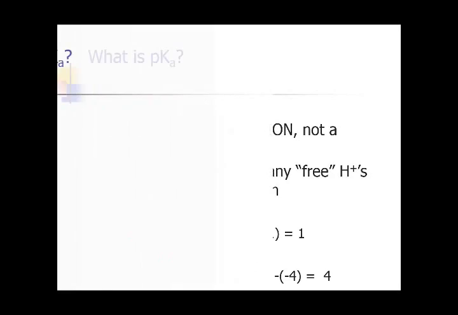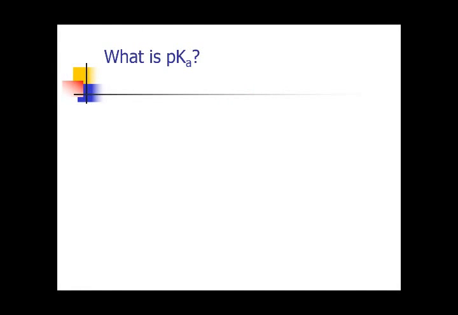What is pKa, however? Well, if you look at it simply, pKa is equal to the negative log, hence the P, of Ka. What does Ka stand for? This is where it gets a little bit more complex. Again, this is high school, but just a refresher, and I apologize if it comes across as belittling.